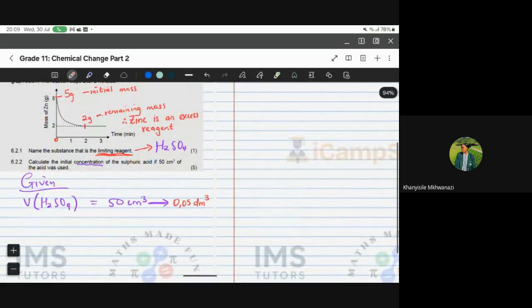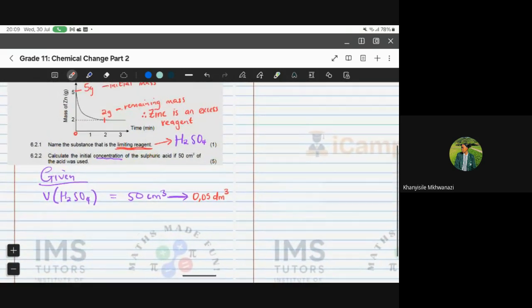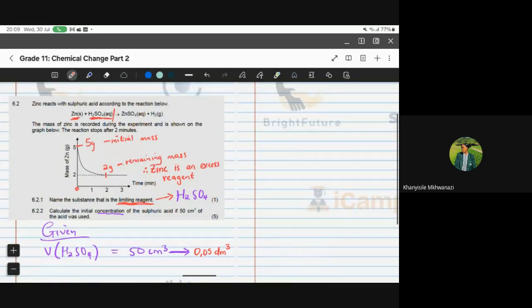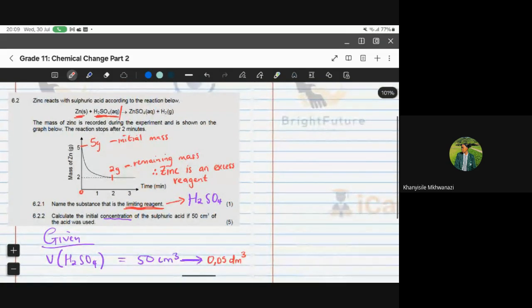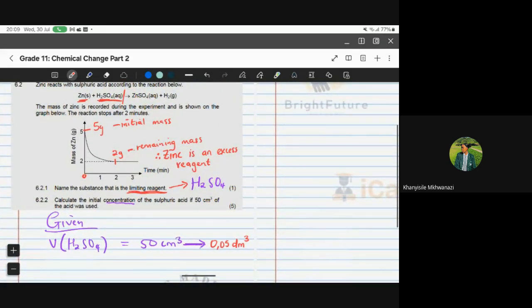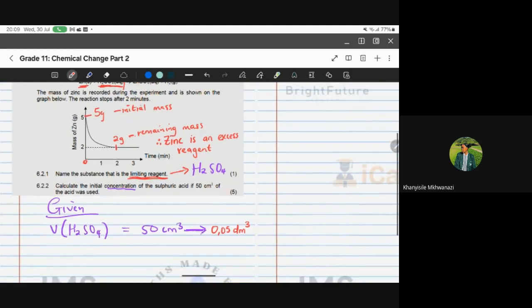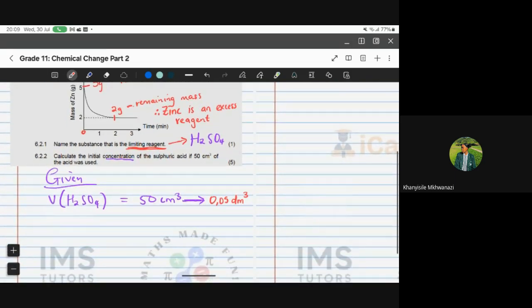Now, once we have this, we can go back to our problem. What else are we given? We know that initially we had 5 grams of zinc. Let us find the number of moles of this zinc.